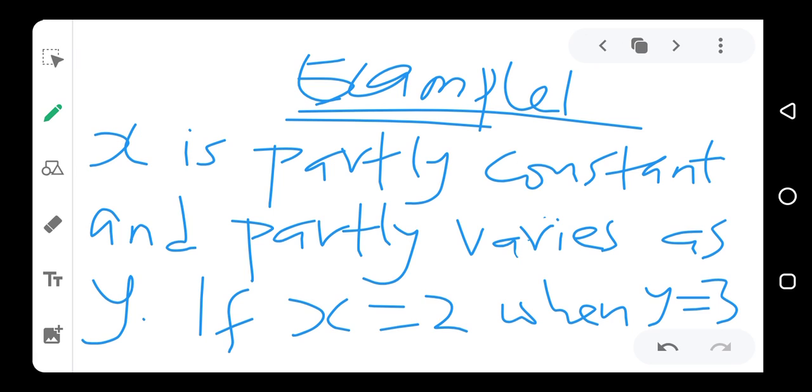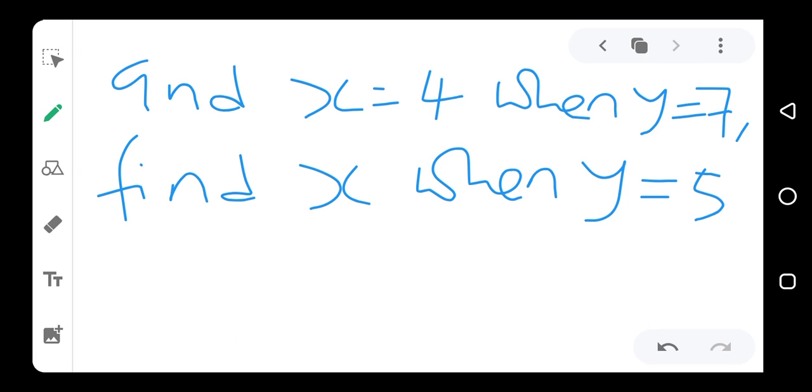Now, if x is equal to 2 when y is equal to 3, and x is equal to 4 when y is equal to 7, find x when y is equal to 5.